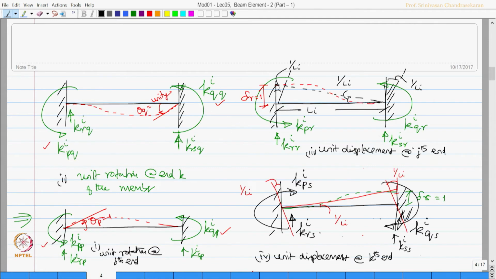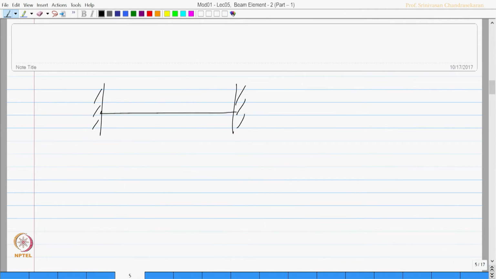We have given unit rotation at the end P. So, now to control this will induce a moment which will be equal to K P P. This will also cause another moment which is K Q P of the ith element.